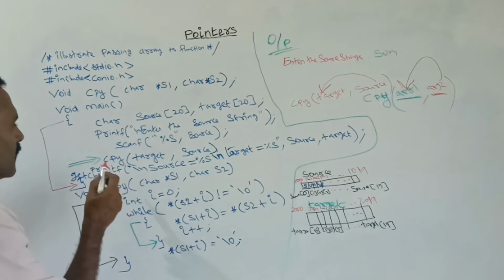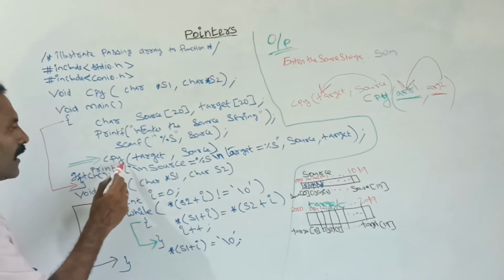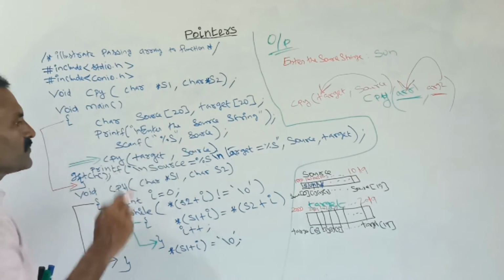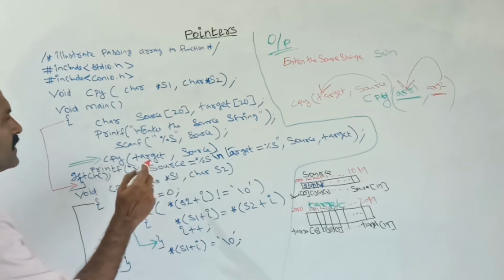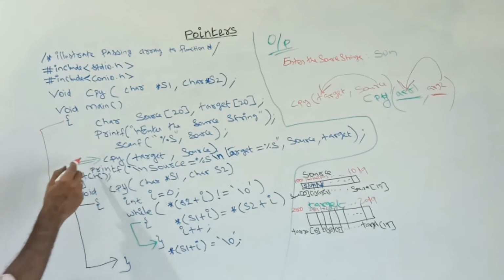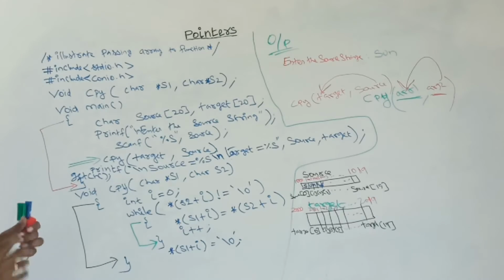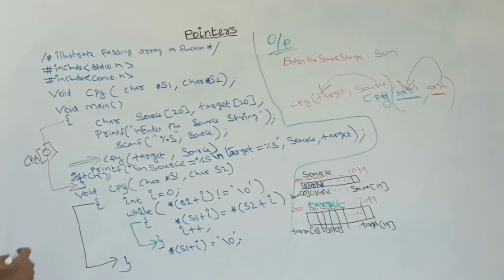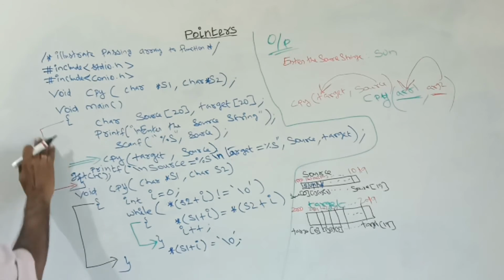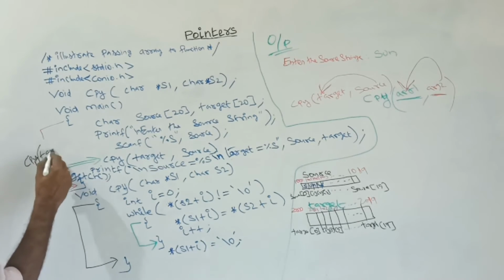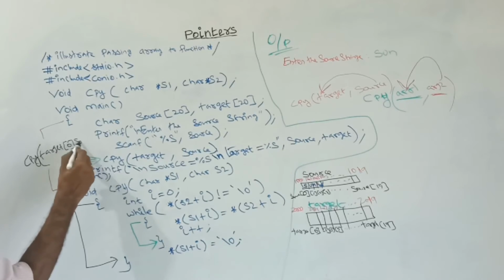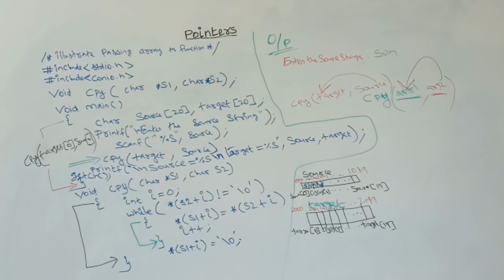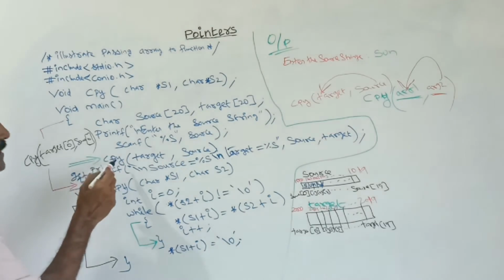Now I am calling the function CPY and passing the target and source values. We can give it like this, otherwise it is the same as this; both are the same.